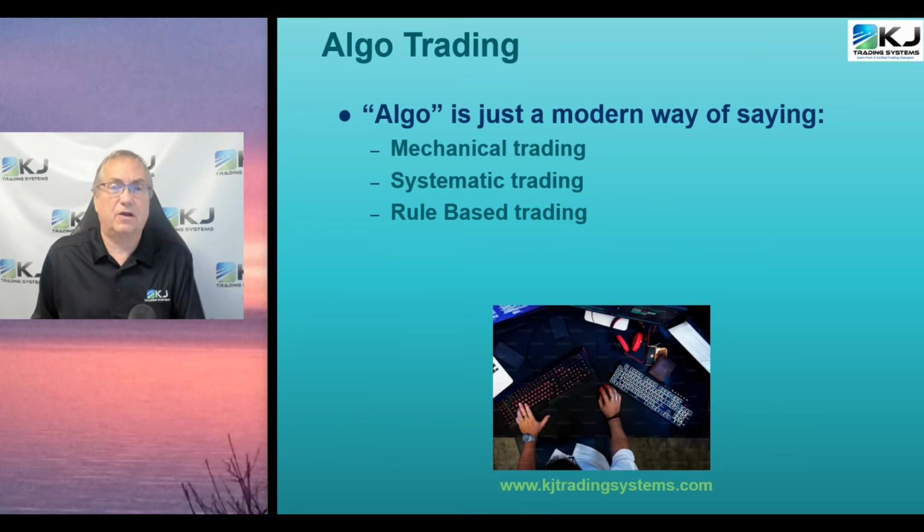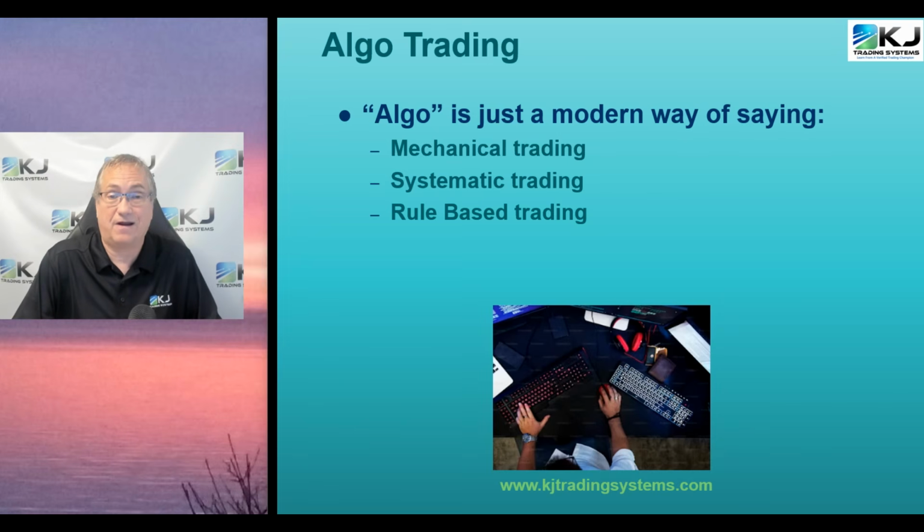So algo trading is just the common term right now for what we're doing. But back in the day, 20 years ago, people used to call it mechanical trading or systematic trading. A lot of people still call it systematic trading, but it's algo trading. It's the same thing. It's also called rule-based trading. The idea is you have strict programmed rules, and that tells you when to buy and when to sell.